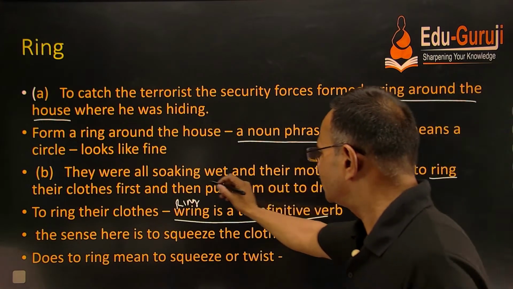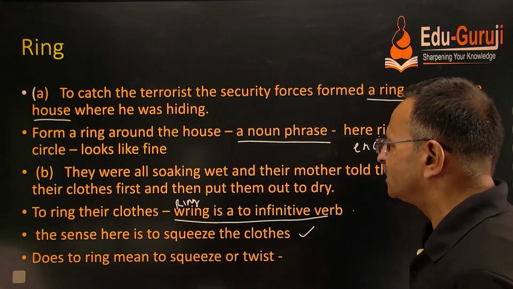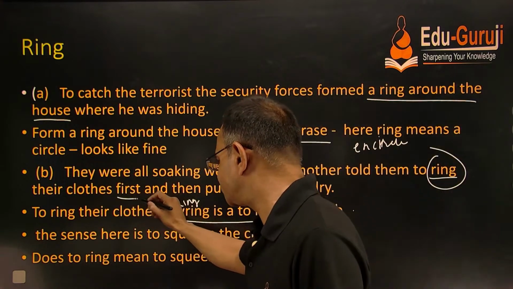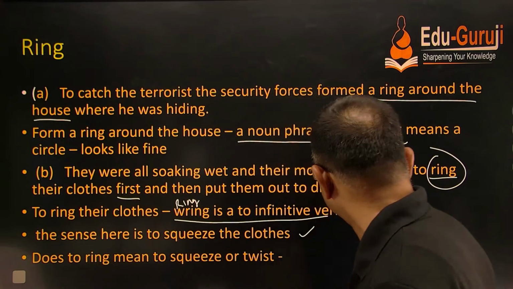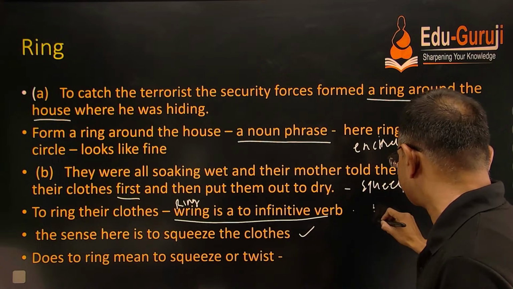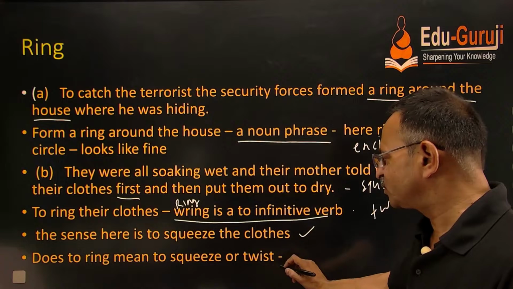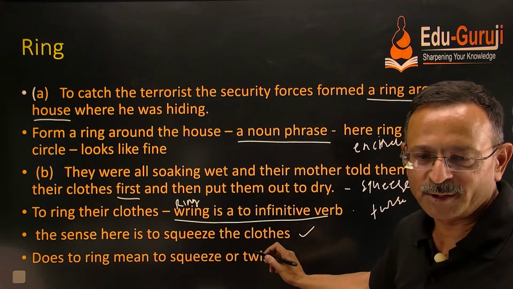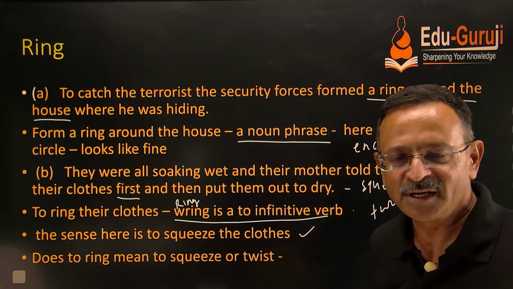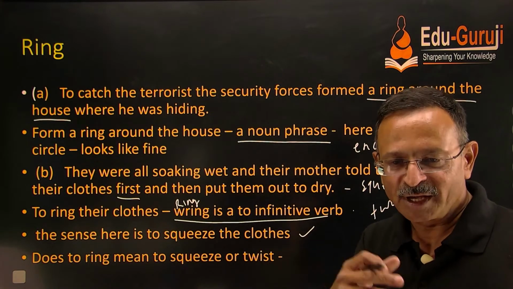They were all soaking wet and their mother told them to wring their clothes first and then put them out to dry. So what it means is to squeeze or to twist, right? So does ring apply to squeeze or twist? No, it doesn't, because we have seen the meaning is to make a circle.